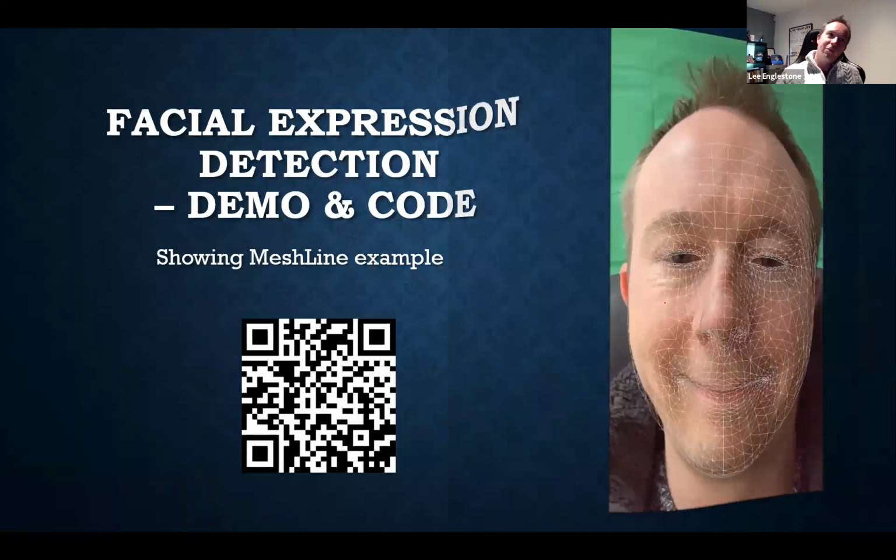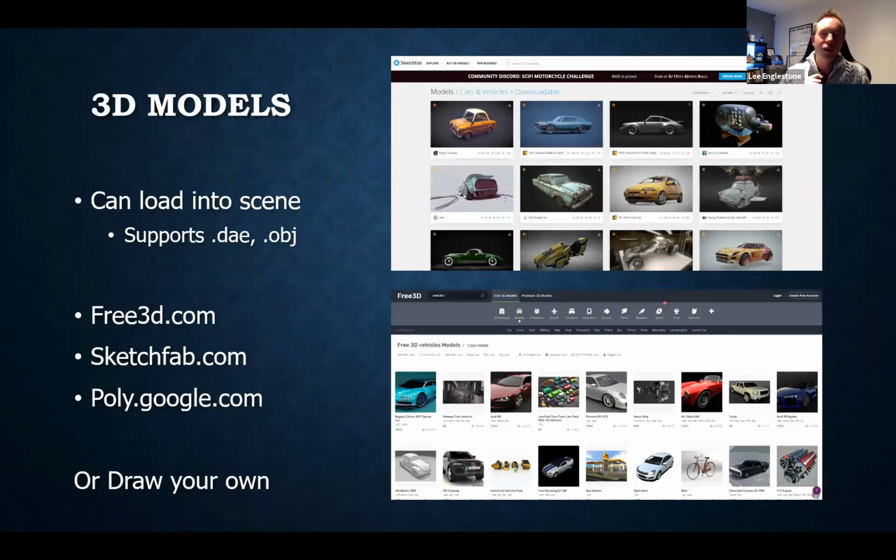Now, as well as placing pretty boring, primitive 3D shapes into the scene, we can also place pre-existing 3D models. Our kit supports, or SceneKit more accurately, supports different 3D model types, including a couple that I've got working, which is the Collada format called DAE, and then the .obj format.